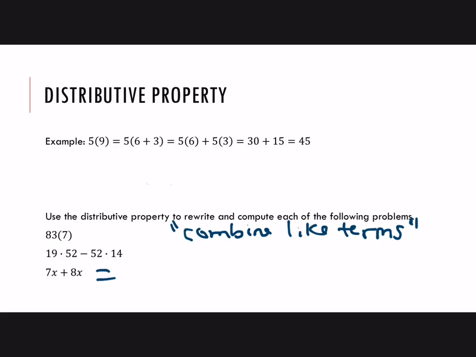Notice that there's an x in each term here, each part. So what I can do is use that distributive property going backwards and factor that out. Then I can do order of operations. 7 plus 8 is 15, and then multiply by x. All right, so it's just one extra step in the middle there, and then using the distributive property to get to our answer.